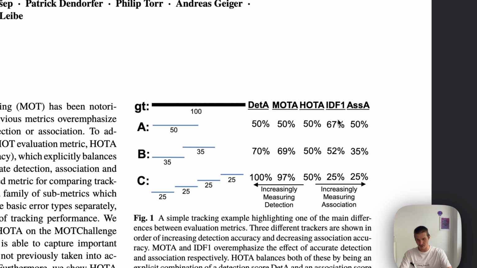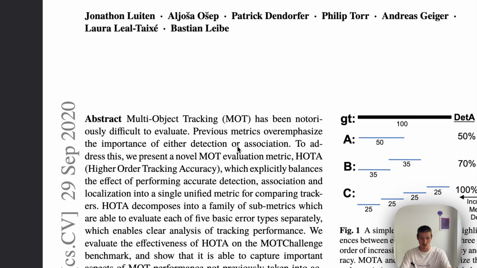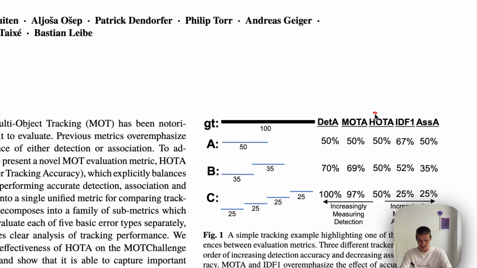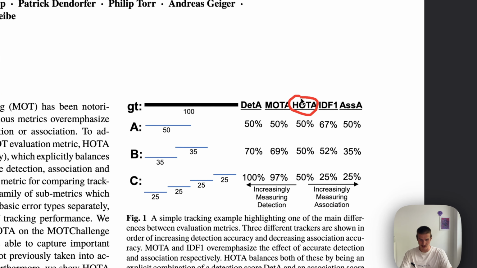And so HOTA metric, which was proposed quite recently, so it's 2020, unfortunately, because it's still not used in all of the papers you see nowadays, TrackFormer included. So HOTA metric actually tries to balance these two. It's basically a geometric mean of detection accuracy and assignment accuracy. And in this case, it actually measures all of these trajectories as equally good.